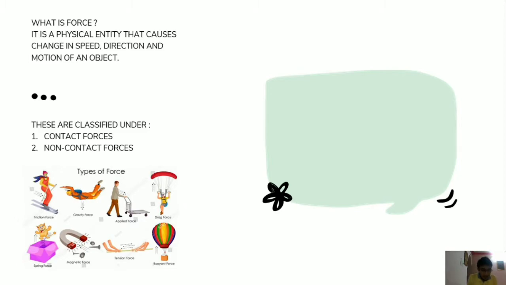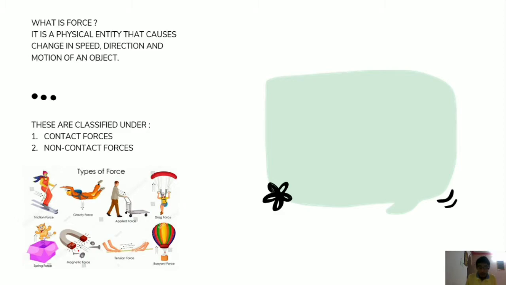Whereas for non-contact forces, take the example of magnetic force. There is no contact between these iron nails and the magnet at the initial stage. But as the iron nails come nearer to this magnet, the magnet attracts those iron nails.